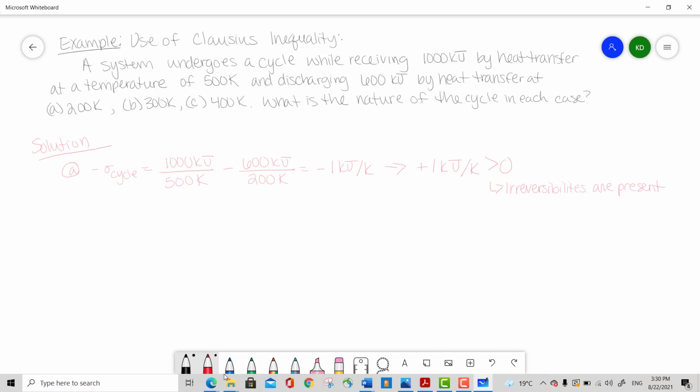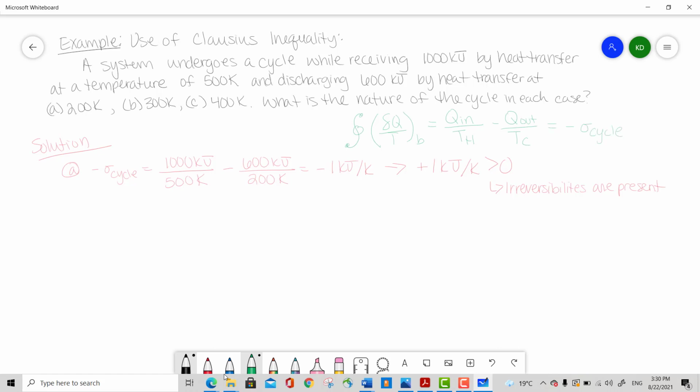And let me just write down this formula again for you, just so that you can see how it all works out. So we wrote down this formula, but this is actually how it all ends up: QH over TH minus Q out over TC, and then that equals the negative of the cycle integral.